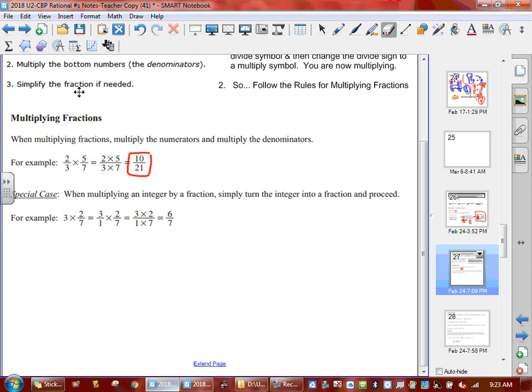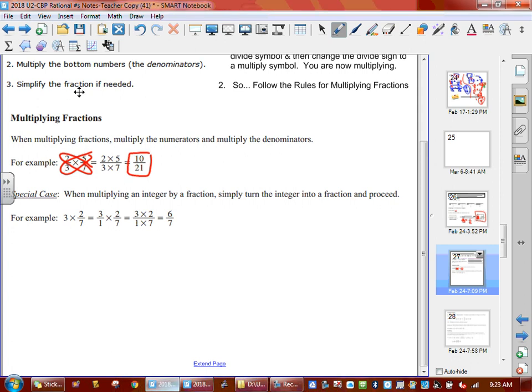Between the 5 and the 3, is anything in common? No, they're both small. We can't divide anything out. What about 2 and 7? No, can't do anything with those either. So that means the answer we're going to get is in simplest form. We can't cross-simplify here. Okay? Not always. Sometimes you still have to reduce. But typically, that's why we cross-simplify.